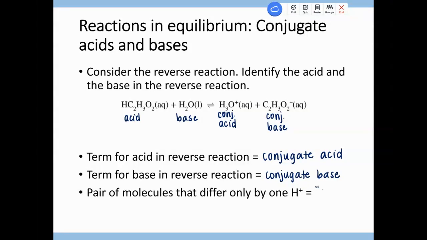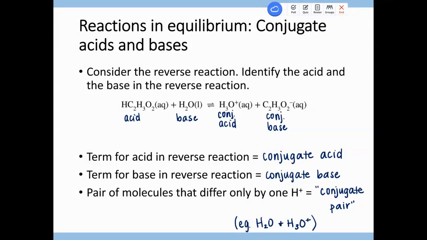These are called a conjugate pair. And then an example here is H2O and H3O+. They differ by one H+. H3O+ has the extra H+.